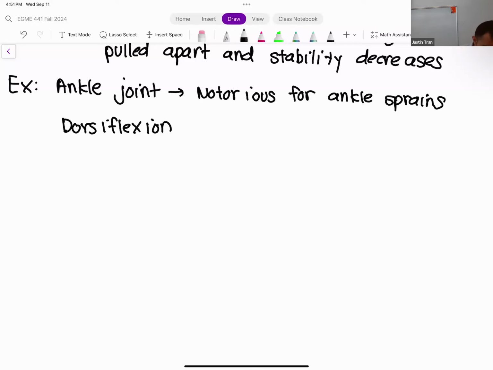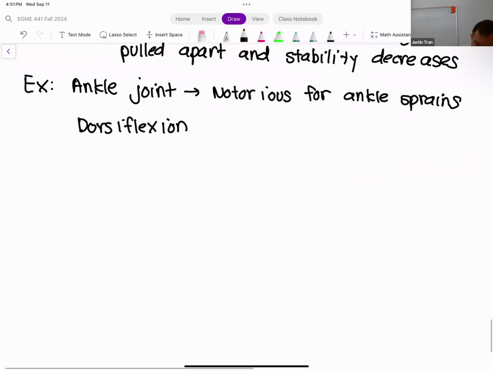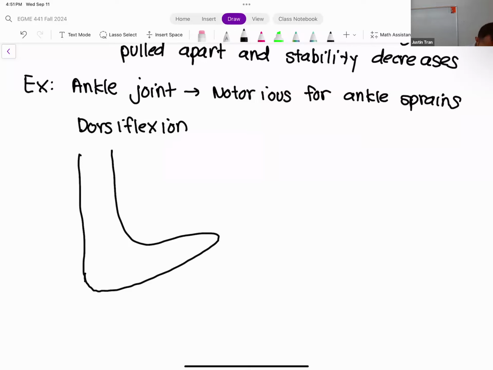If you remember from our anatomy lecture, this is when you bring your toes upwards. And then the opposite of that is plantar flexion, which is when you point your toes towards the ground.